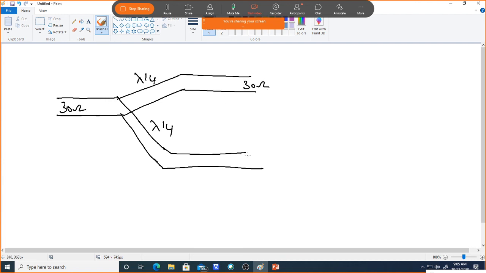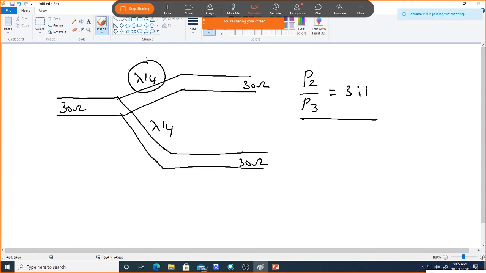Here also it is 30 ohm, and here also it is 30 ohm. Now the ratio, that is P2 by P3, should be 3:1. That we need to design, and also we need to match this input and output source using the lambda by 4 section transformer. So that characteristic impedance we need to find.